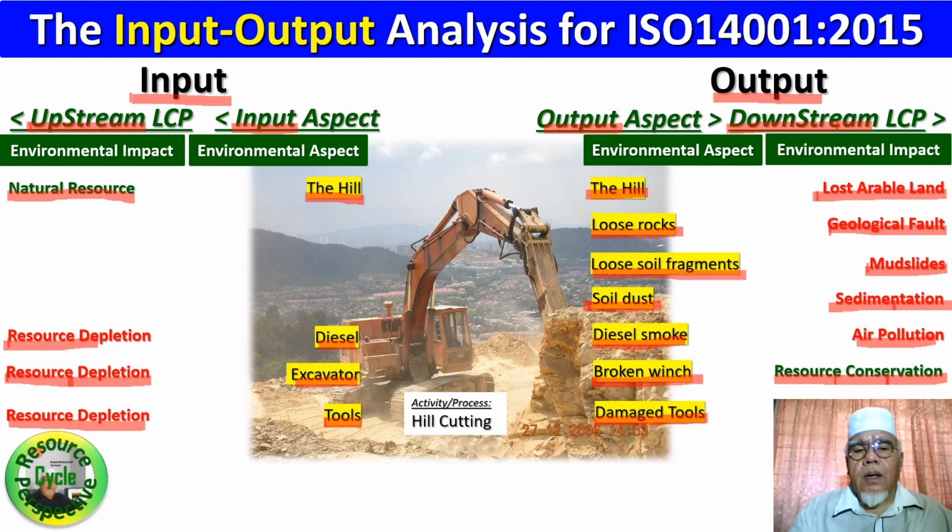And eventually we will find that managing these environmental aspects is actually managing the activity itself. How to cut the hill without causing rapid loss of arable land, for instance. How to cut the rock without causing irreversible geological faults, because some of the faults are deeper than the site of construction.